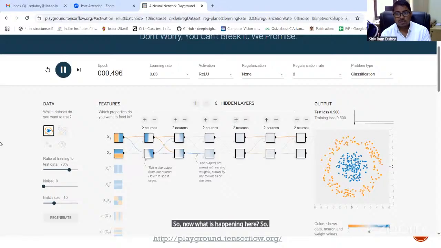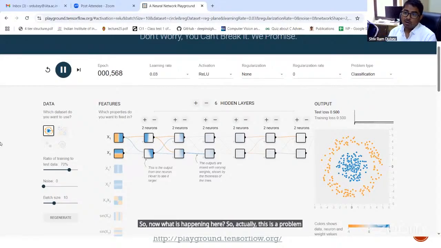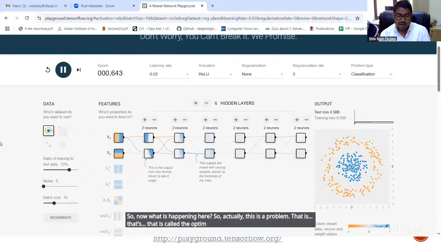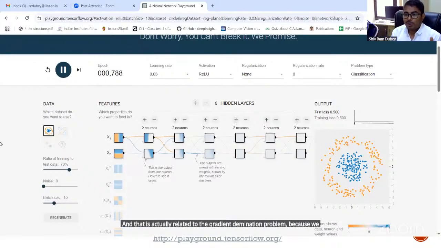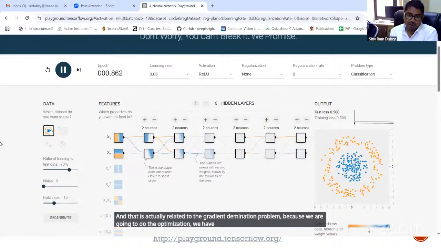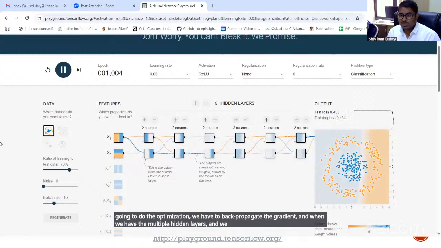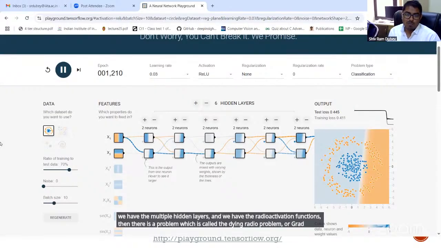This is a problem called the optimization problem, and it is related to the gradient diminishing problem. Because we are doing the optimization, we have to backpropagate the gradient, and when we have multiple hidden layers with ReLU activation functions, there is a problem called the dying ReLU problem or gradient diminishing problem, because ReLU converts the negative values into 0.